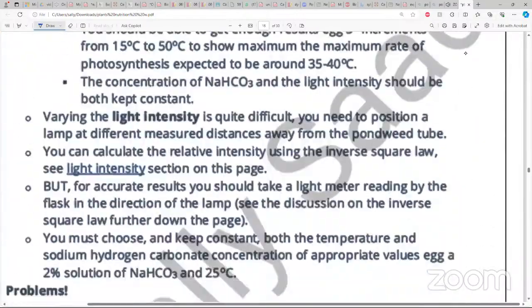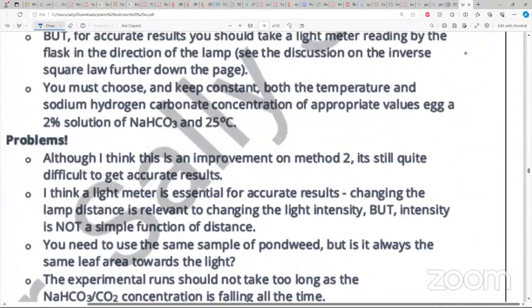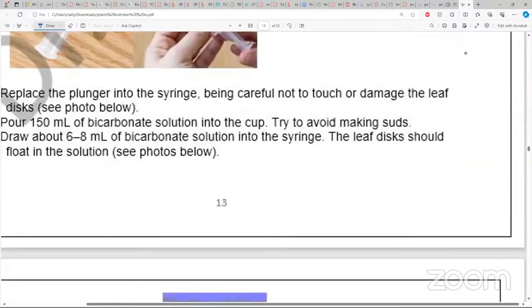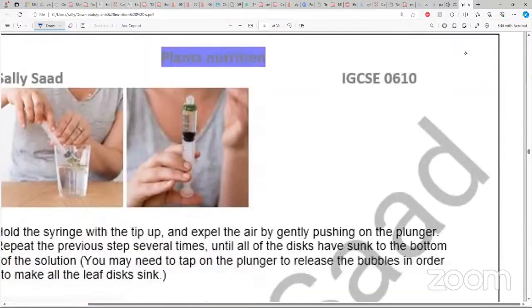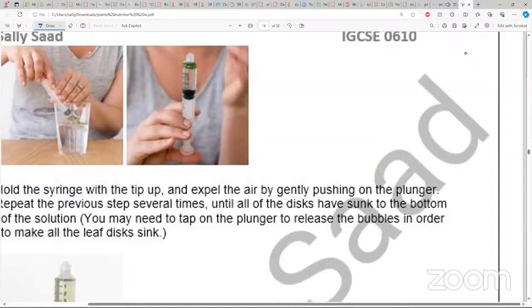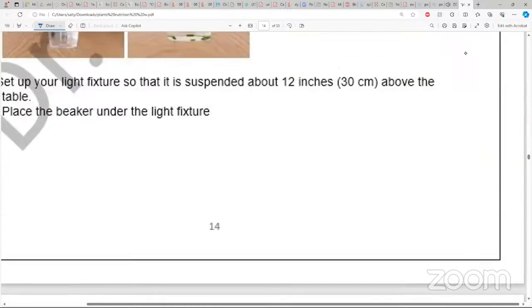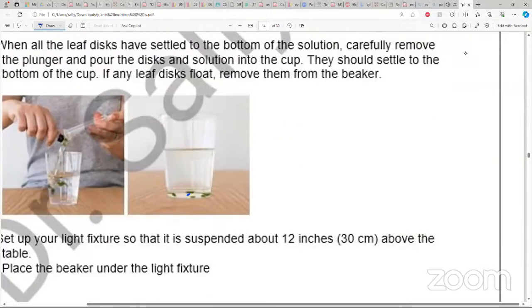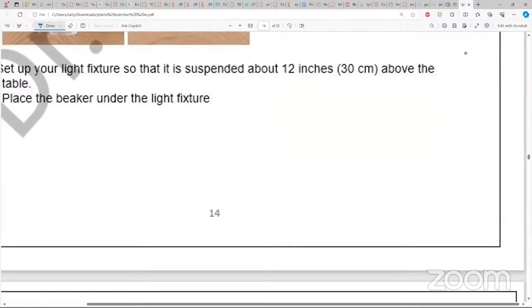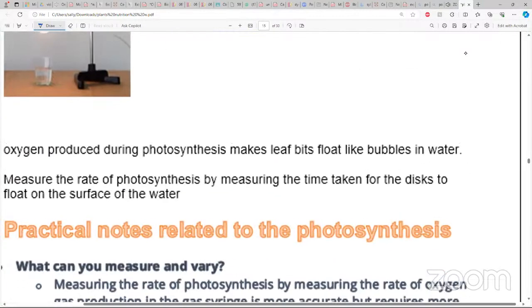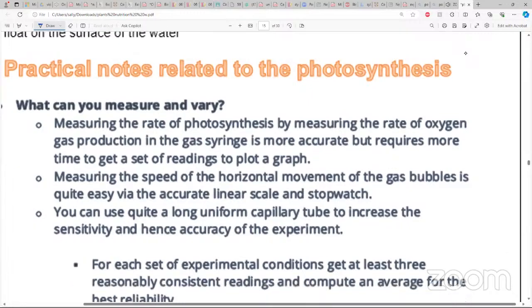So I will measure the time taken for these leaves to float up to the surface of the cup. You got my point? I will measure the time taken for this leaf to float from here to here. You understand? By this way, I can measure the rate of photosynthesis. You got it?